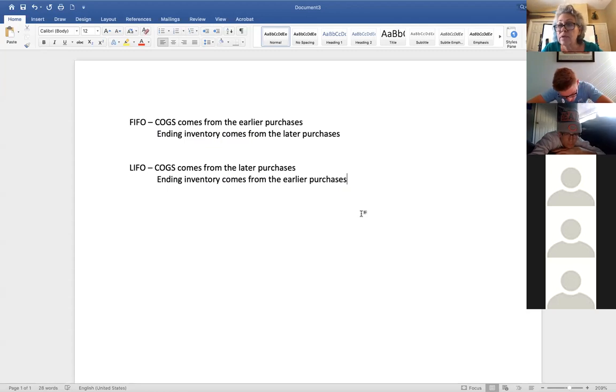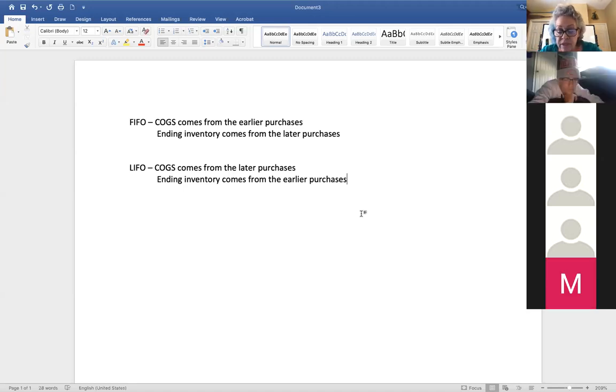So let's talk about the impact of choosing LIFO and FIFO on the financial statements. In times of inflation, which method will have my most current cost on the balance sheet? Which method is going to have my current cost, which in times of inflation is going to be my higher cost on the balance sheet? FIFO.